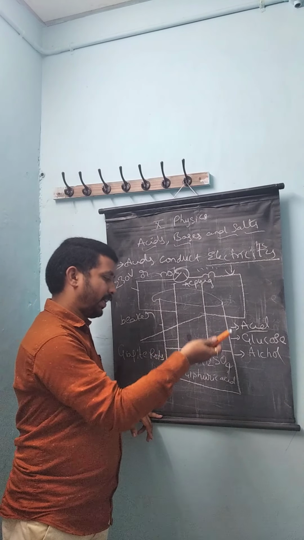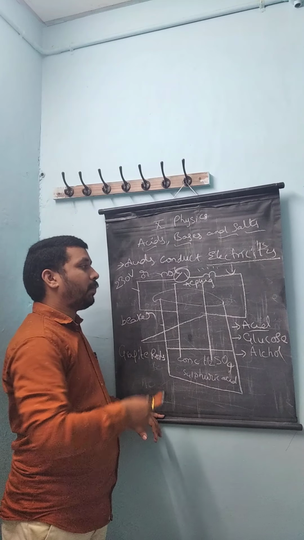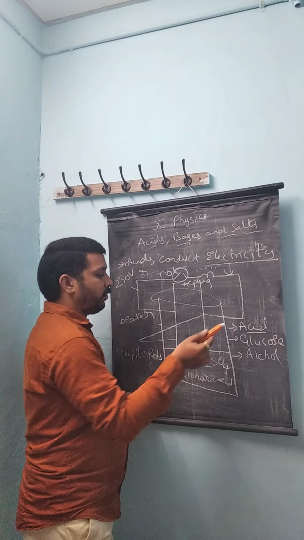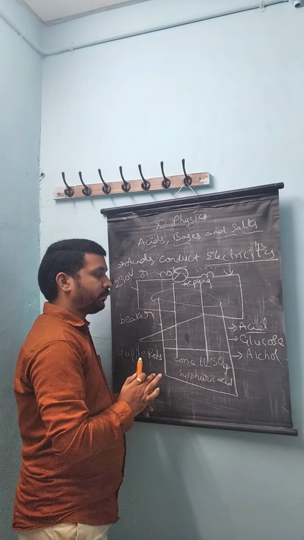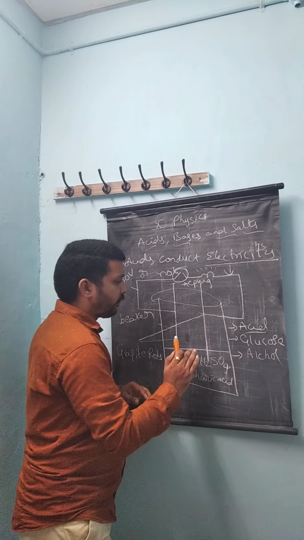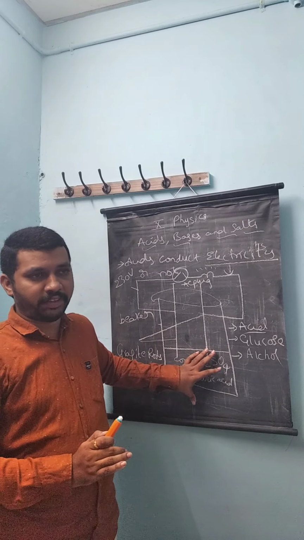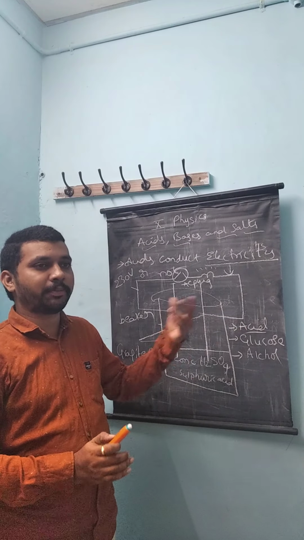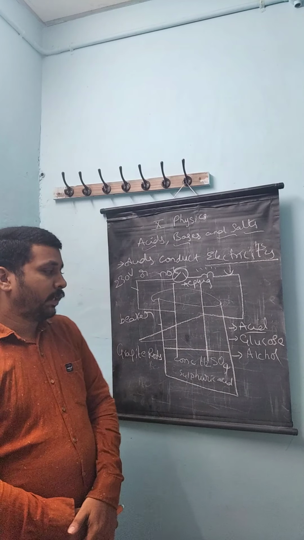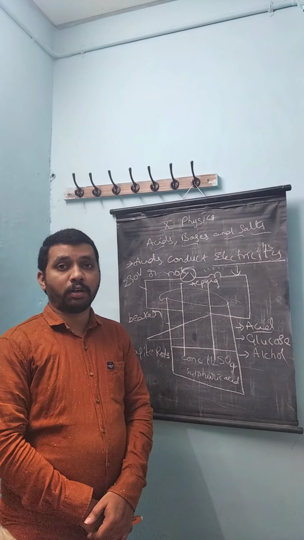We take one acid and pour it into the 100 ml beaker, and observe whether the bulb glows or not. We observe that when we pour acid into the beaker, the bulb glows. After finding the result, we take out that acid, clean the beaker perfectly, pour the next solution, and repeat the same experiment to see whether the bulb glows or not. In the remaining two cases, we observe that in the presence of glucose or alcohol, the bulb does not glow.